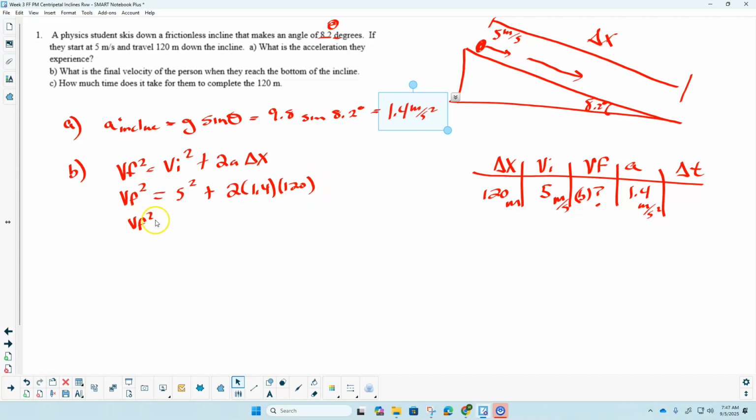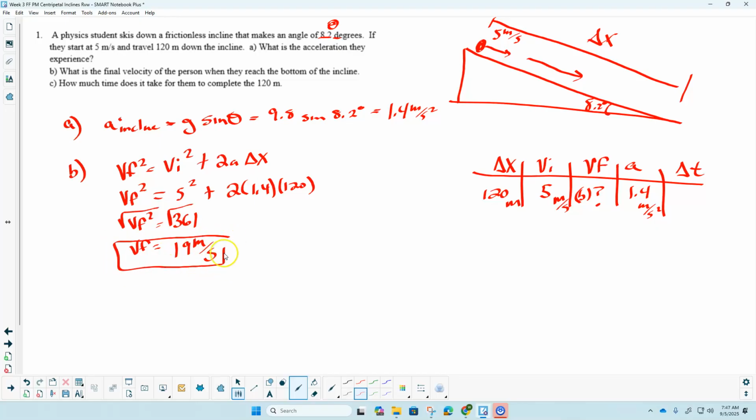When you do this math, vf squared turns out to be 361. Then you take the square root of both sides, and you get vf is 19 meters per second. So for part A, the answer is 1.4 meters per second squared. Part B, 19 meters per second for the final velocity when it reaches the bottom.